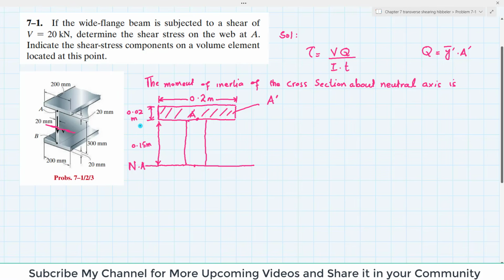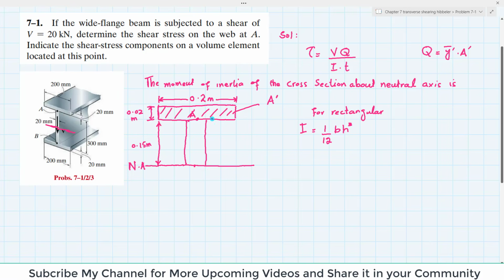First let me calculate the moment of inertia. You can see that the moment of inertia I for a rectangular section is equal to 1/12 B H cube. Clear? B H cube.